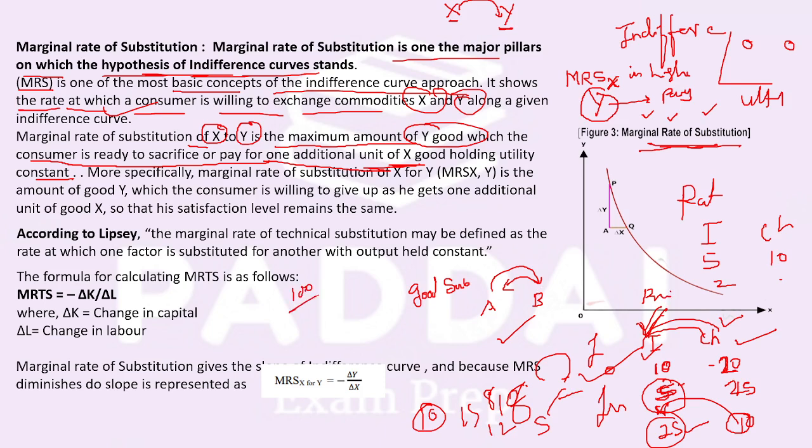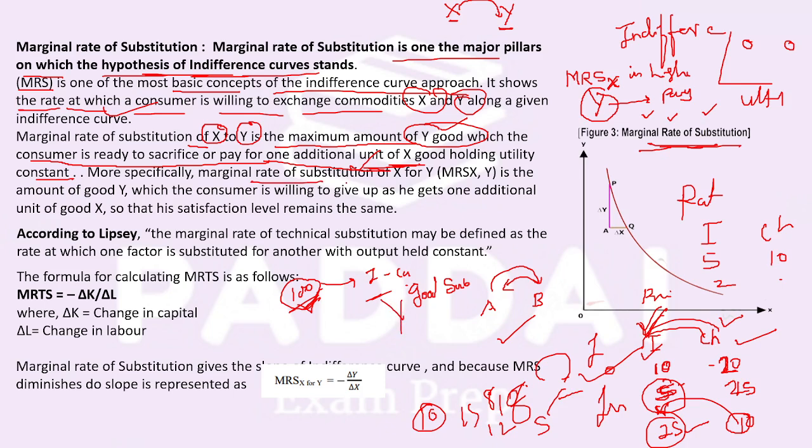Let's say if I am taking the goods, ice cream and chocolate, within 100 rupees, I will replace them only to the extent it fits into my budget, not more than that. At that point where you want to replace one good with another, yes, you have to pay or sacrifice the other one, but the utility or satisfaction has to be the same.